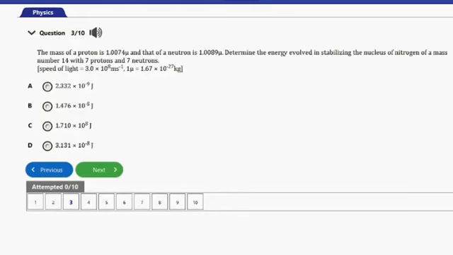So guys, the next question here, question number 3, it says, the mass of a proton is 1.0074 mu and that of a neutron is 1.0089 mu. Determine the energy evolved in stabilizing the nucleus of nitrogen of mass number 14 with 7 protons and 7 neutrons.